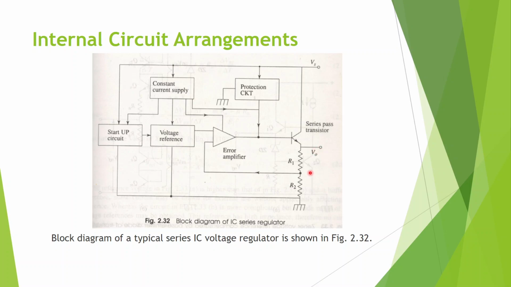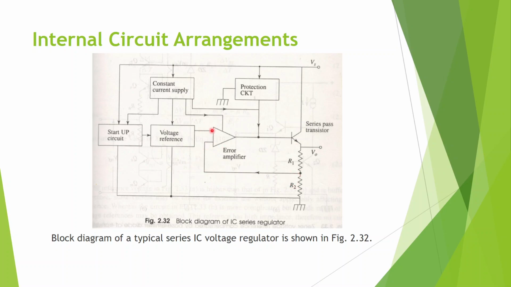So suppose our output voltage is more than the required value, then the feedback will be more, due to which the output of the error amplifier will become less, due to which the base input of the series transistor will become less, so it will allow less voltage and thus the output gets decreased. Now suppose the output has become lower than the required value, in that case the feedback will also be less.